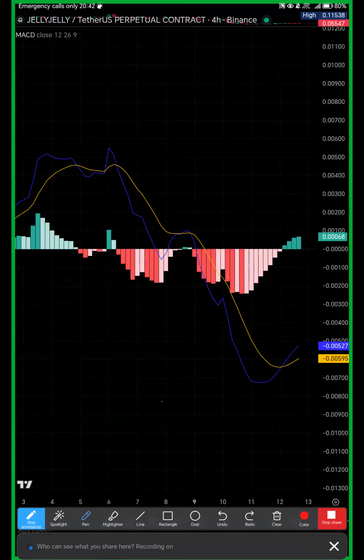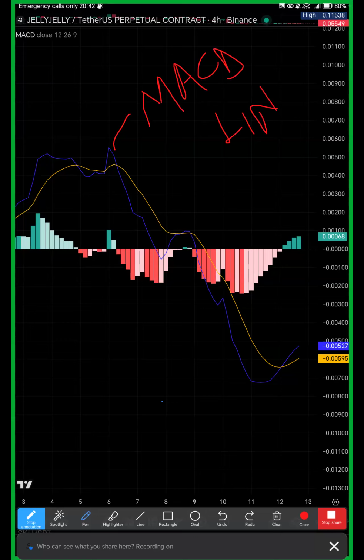So there are two lines, as you can see on your screen. There is a line that is in blue color. This line is called the MACD line. Well, this orange one, I don't know if it's orange or yellow, I'm not good with colors, but allow me to say orange for now.